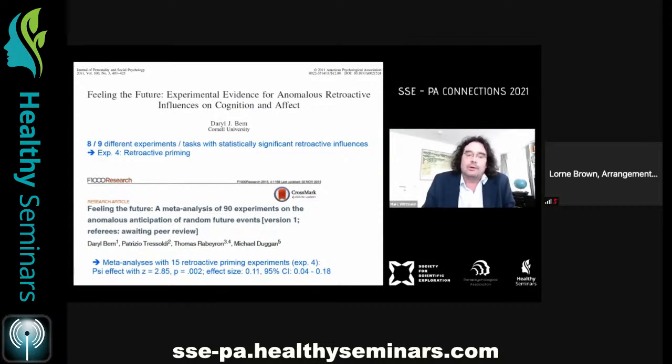And we will be looking at experiment 4, the retroactive priming task. And then there were meta-analyses concerning this retroactive priming task, and in these meta-analyses with 15 specifically retroactive priming tasks, we find a positive, significant effect with a small effect size, but significant.